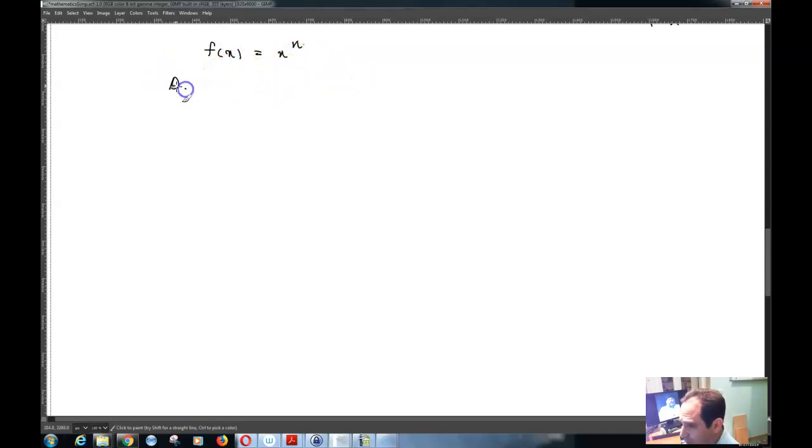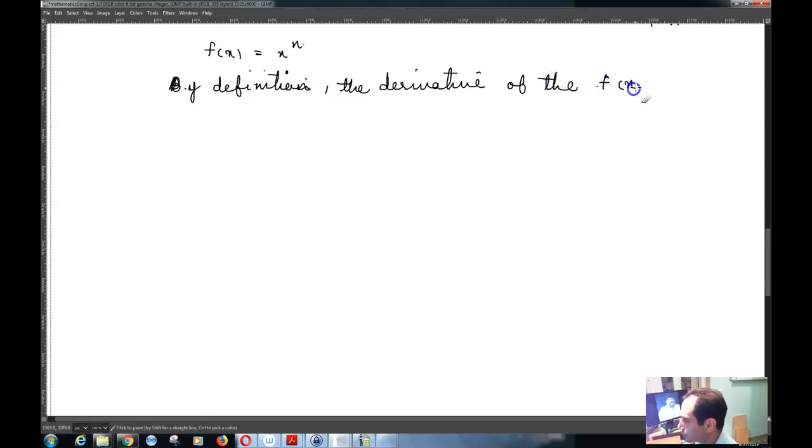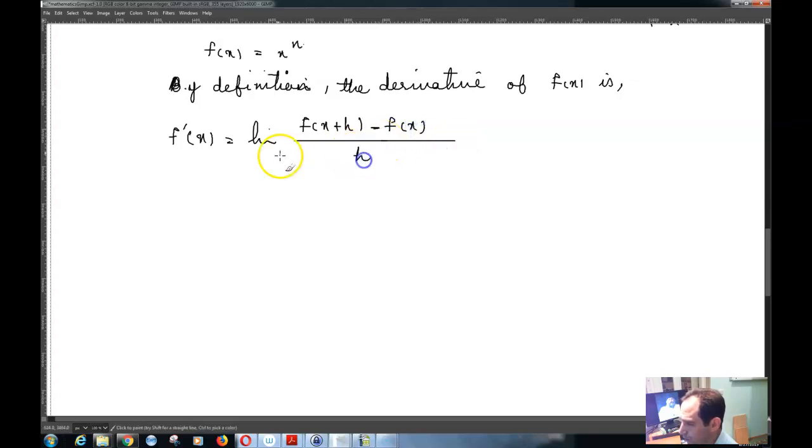Now by definition, the derivative of the function f of x is f prime of x, which is equal to the limit of f of x plus h minus f of x over h when h tends to 0.